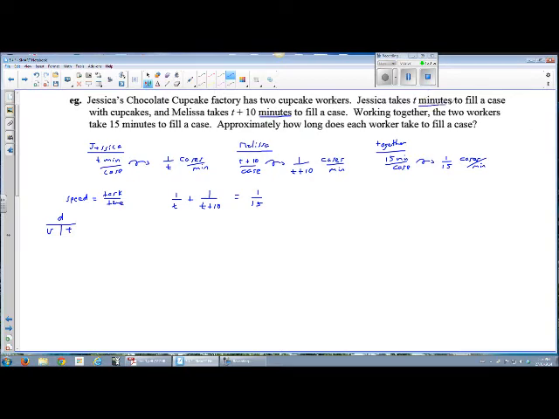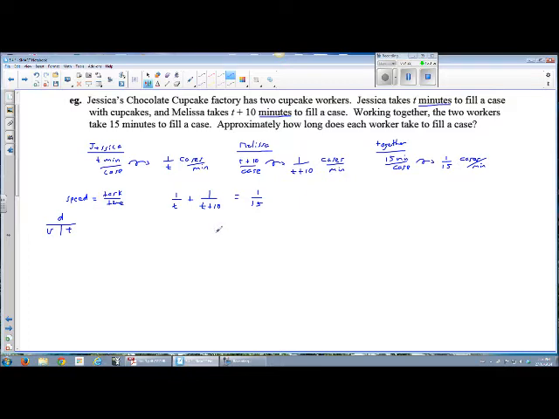Okay, so now it's just a matter of rearranging this and solving for t. So that was the tricky part, getting this equation. Once we have that, now we just have to get the common denominator and start rearranging and solving. So what I'd like you to do is pause the video and work this out yourself.